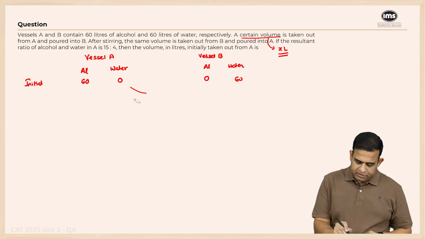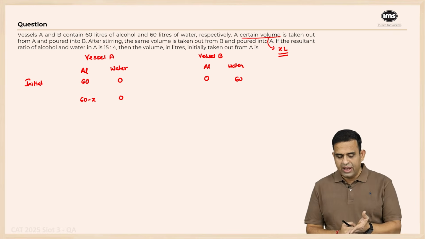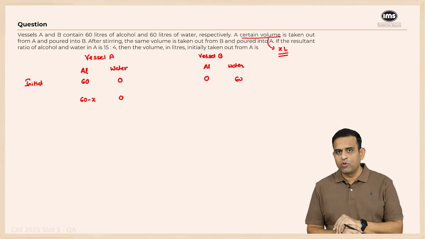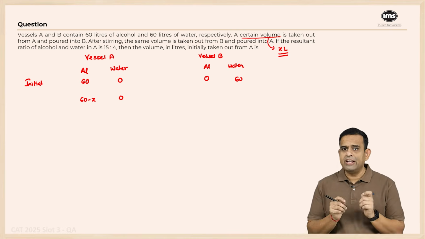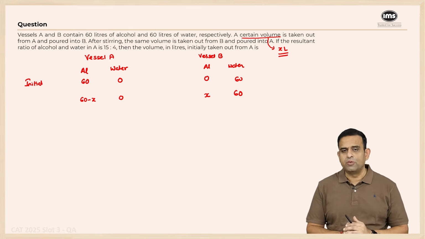Once you transfer X liters, in vessel A the quantity of alcohol will go down by X, water will remain 0, and whatever X was moved from vessel A to vessel B, that entire X is alcohol. So the quantity of alcohol in vessel B will become X, and water will remain 60. This part is very straightforward.